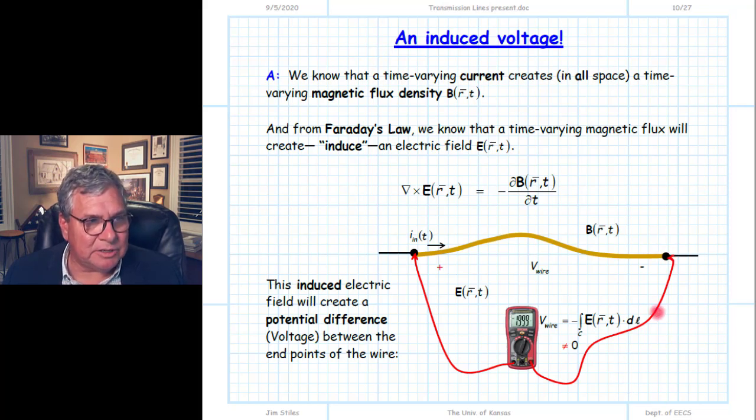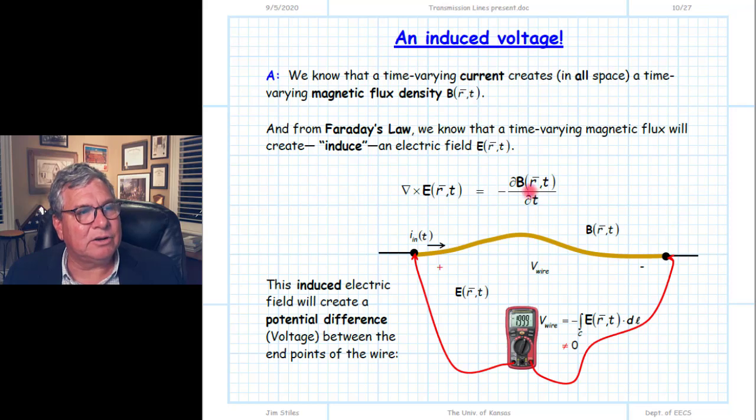But generally speaking, we go through and define the voltage measured by this induced electric field by taking a path that extends outward from the wire and back to another point. With this general out-from-the-circuit-and-back integration path, what we'll find is the voltage measured will be non-zero.